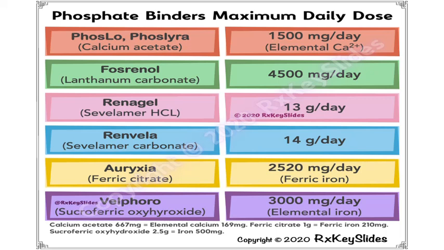If the patient is NPO, meaning they are not taking anything by mouth, sevelamer won't be effective because it works in the gut by binding dietary phosphate. Without oral intake, there's no phosphate from food to bind to.